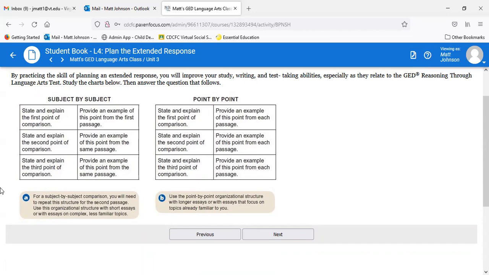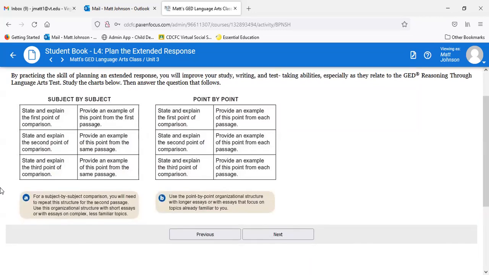Use this organizational structure with short essays or with essays on complex, less familiar topics. And then for point by point, use the point by point organizational structure with longer essays or with essays that focus on topics already familiar to you.